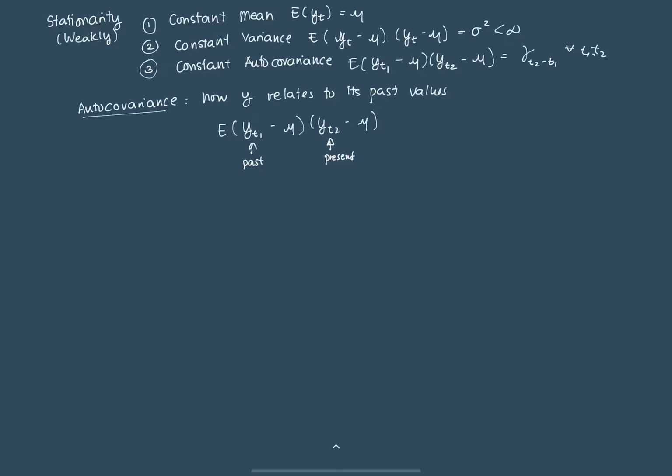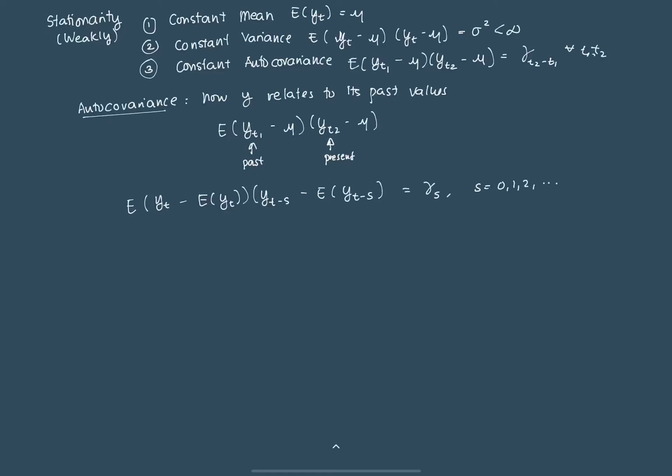To be a bit more general, we're trying to get the expected value of yt minus the expected value of yt, times yt minus s, or its past value, minus the expected value of yt minus s. And this is equal to some gamma s, wherein s could be equal to 0, 1, 2, and so on.